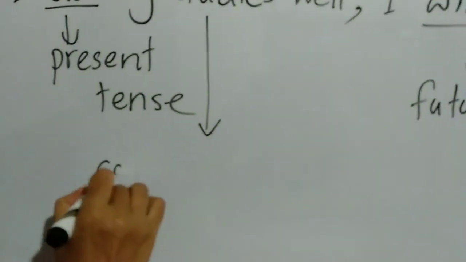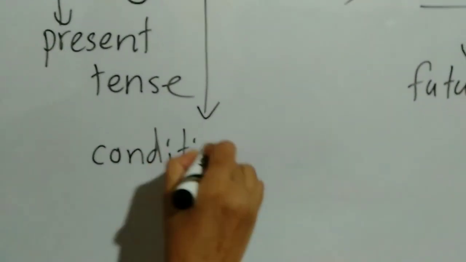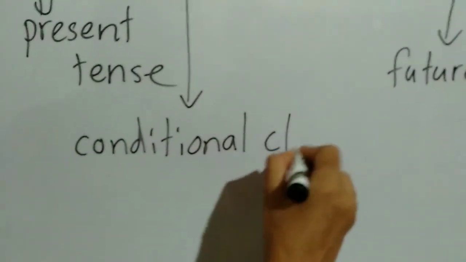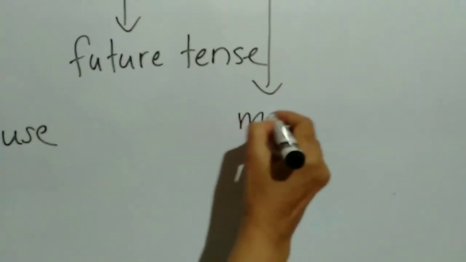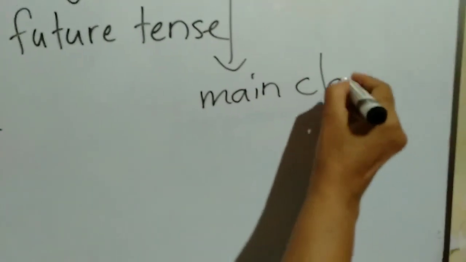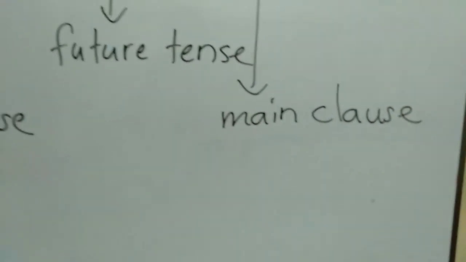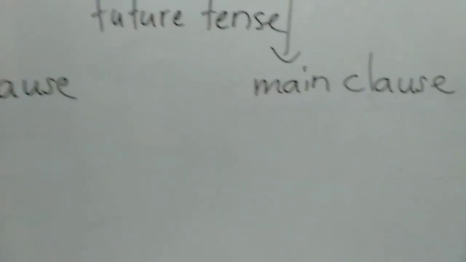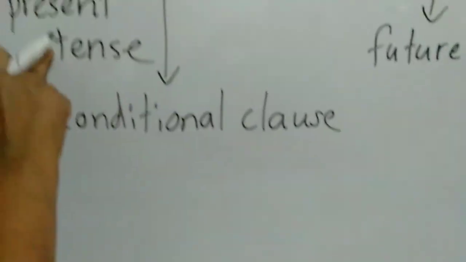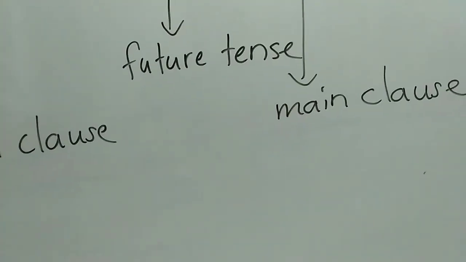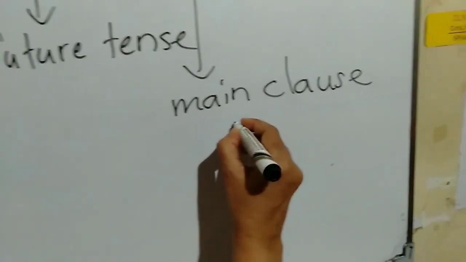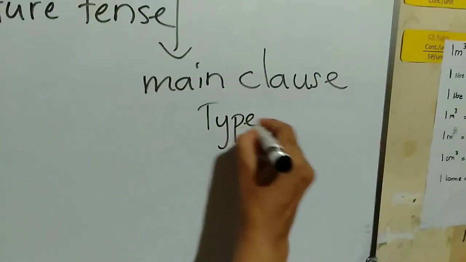This is what you call the conditional clause. This is what you call the main clause. I think you understood. The if conditional clause, present tense; the main clause, future tense. This is if type 1.